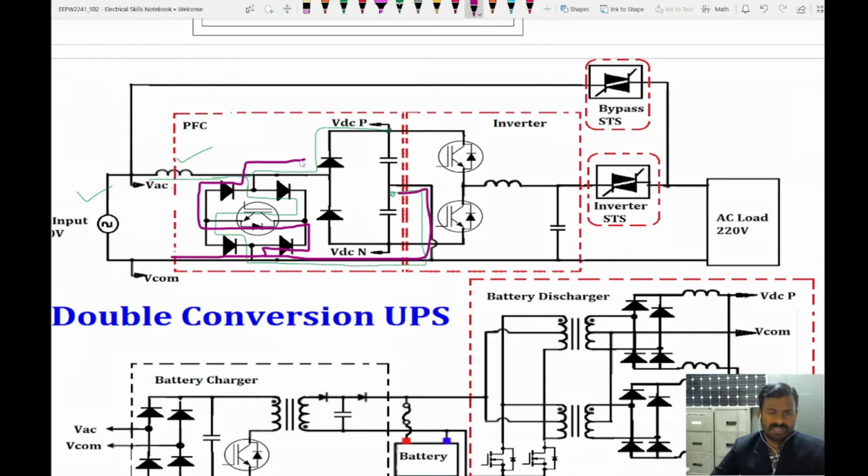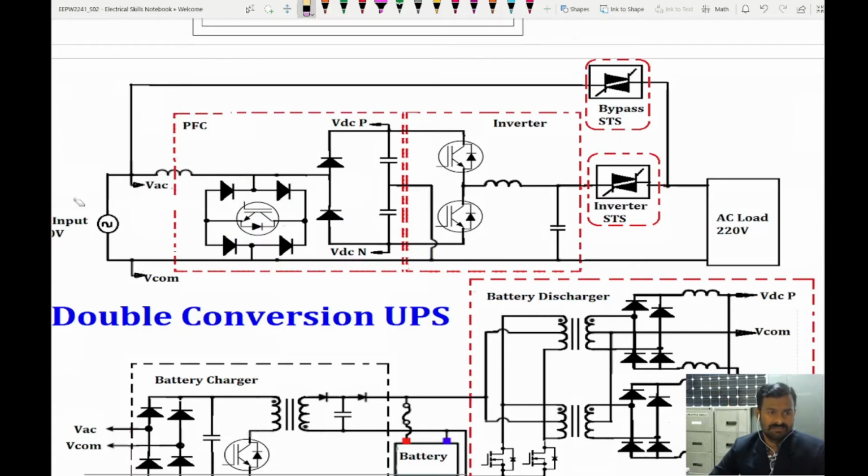So across this capacitor it is going to come like this. So across this capacitor we are going to apply in the negative cycle. So this is how the voltage doubler unit and the rectifier unit allow the current flow during the positive and negative cycle.